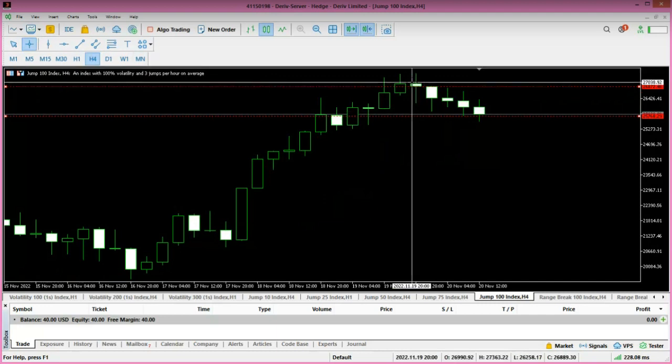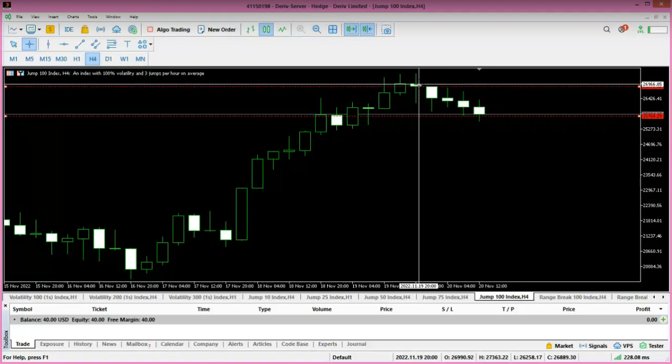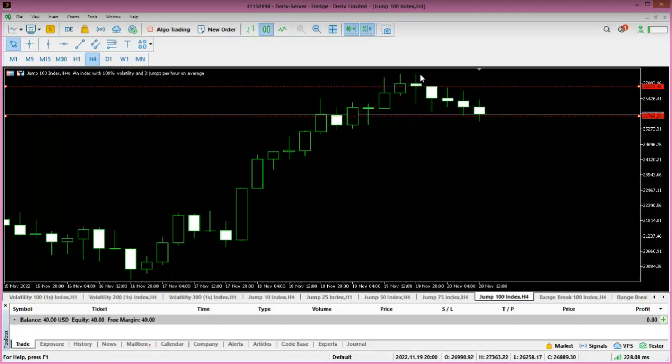Yeah, this was the candlestick at around 2 a.m. So this candlestick here showed no confidence. It indicated to us that it is not a good time to buy.